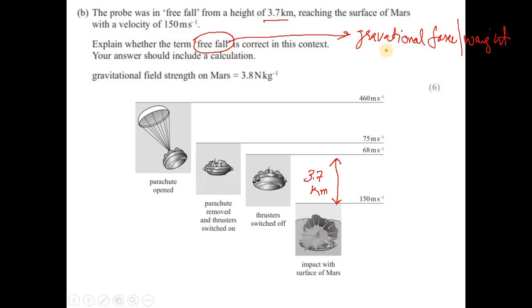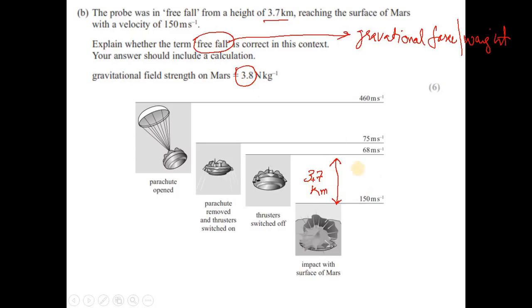So first we need to figure out whether the acceleration during this fall is equal to acceleration due to gravity at the surface of Mars or not. If acceleration in this interval is equal to 3.8, then indeed it is a free fall. If it is greater or less, then it will not be a free fall. So first we need to figure out the acceleration.